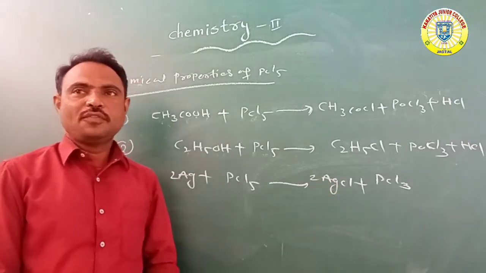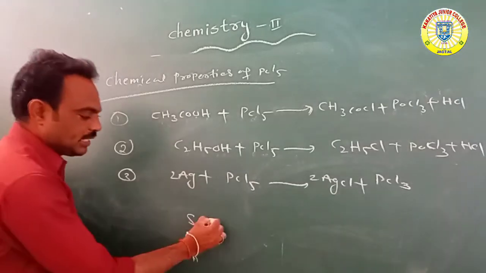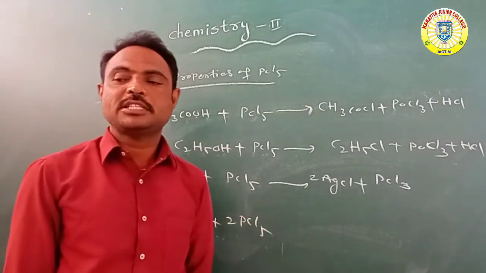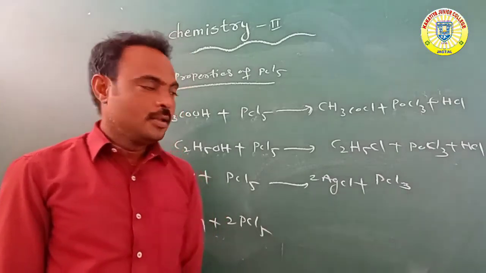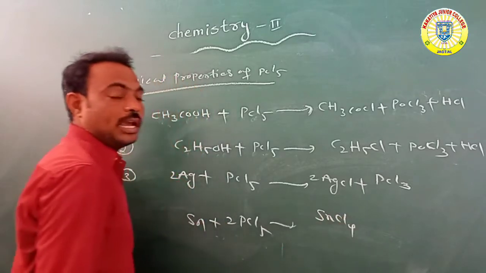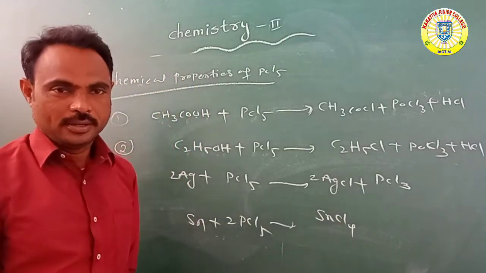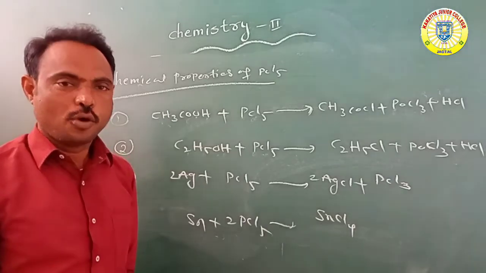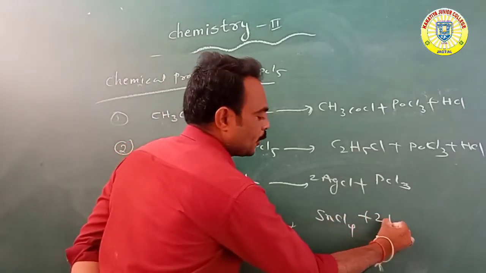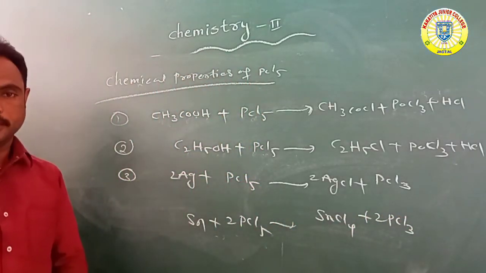Next, tin, Sn. Tin reacts with PCl5, phosphorus pentachloride, to form SnCl4, tin tetrachloride, and 2PCl3, phosphorus trichloride.